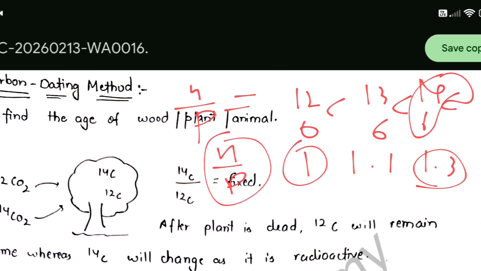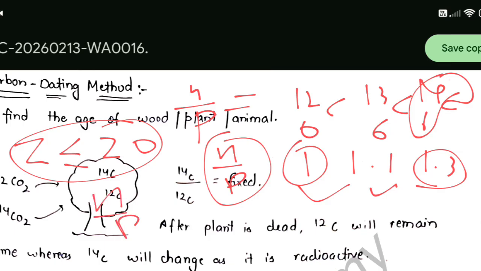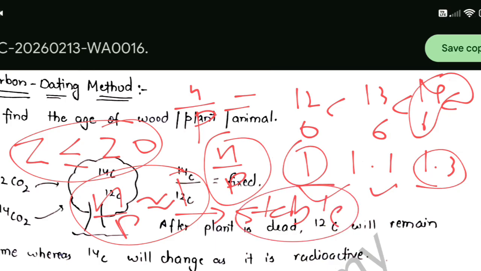Then these two are stable, and we know the rule that when the mass number is less than or equal to 20 and the N by P value is equal to 1, then it is stable.